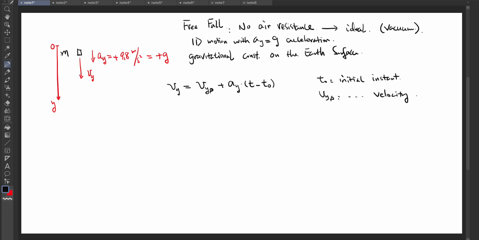And in our case here, when we set the y-axis to be downward, we get positive g times t minus t naught. Now, when we talk about the y position, it will be about the displacement, right?